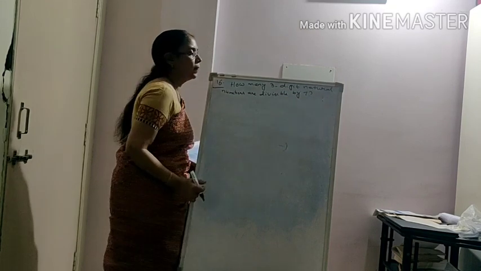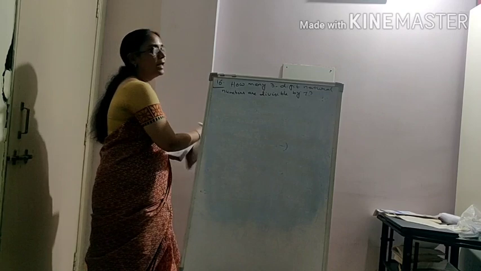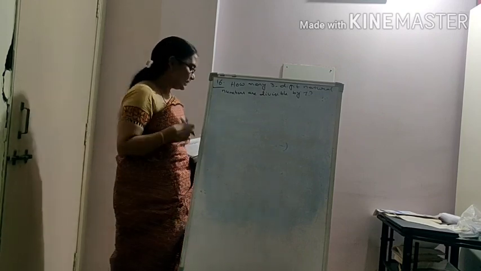This is the question. How many 3-digit natural numbers are divisible by 7?